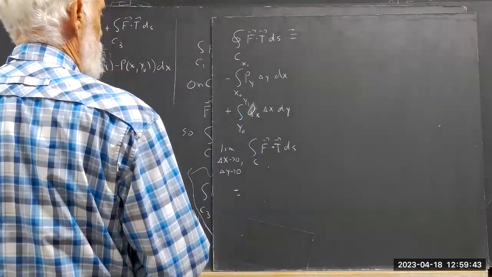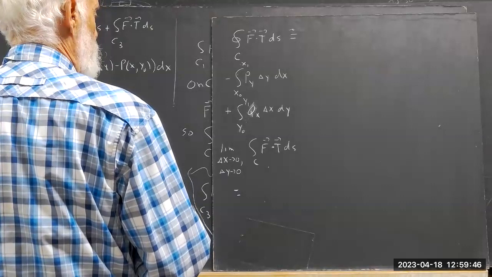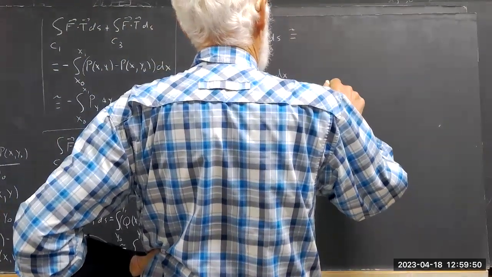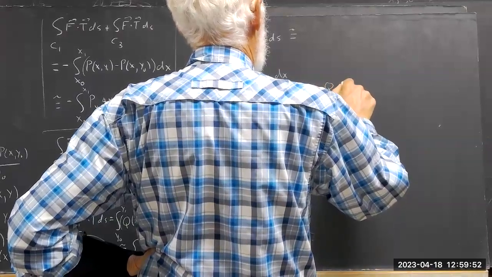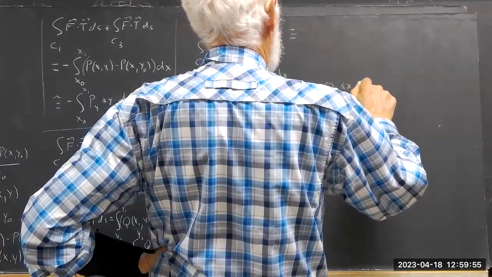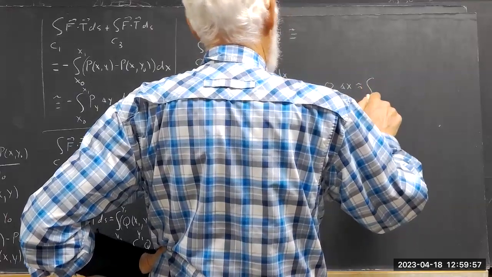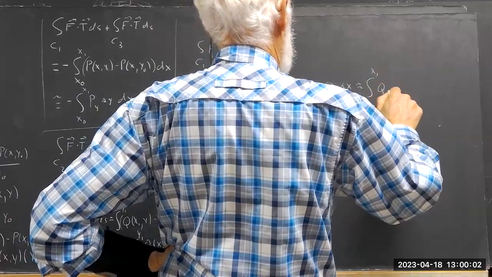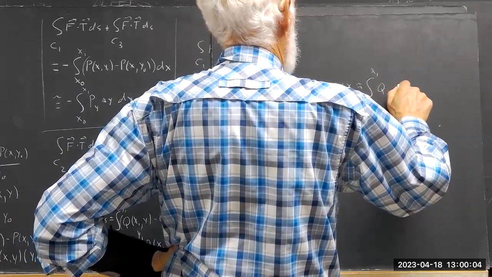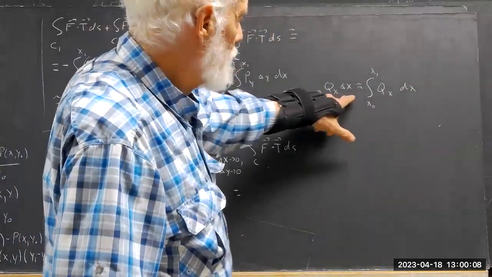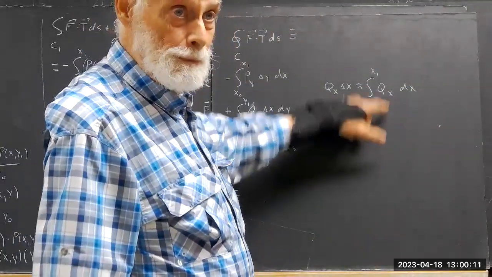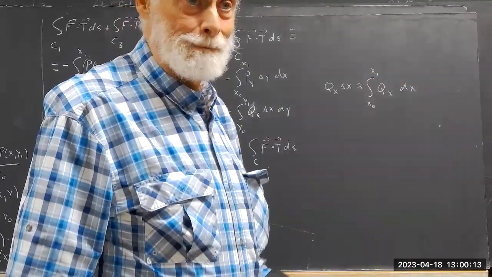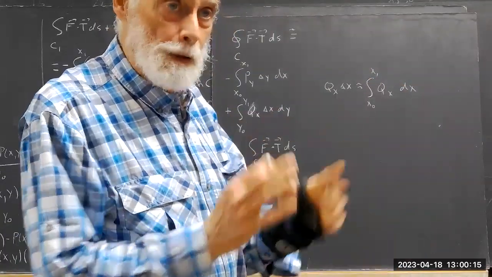Might be a previous step that I want to draw, right over here. Q_x times delta x is just the approximate integral of q_x dx over a small interval.